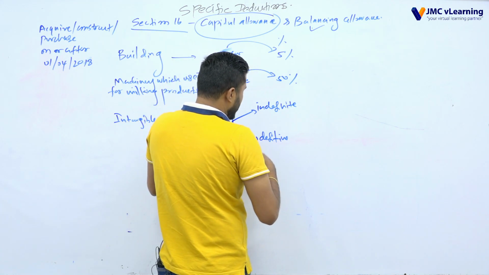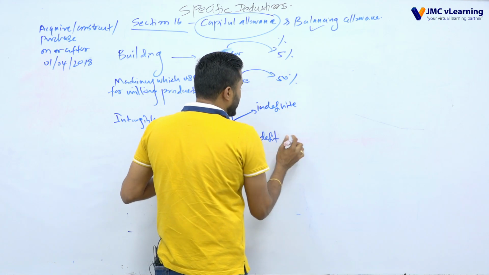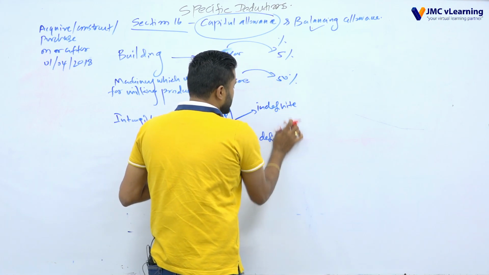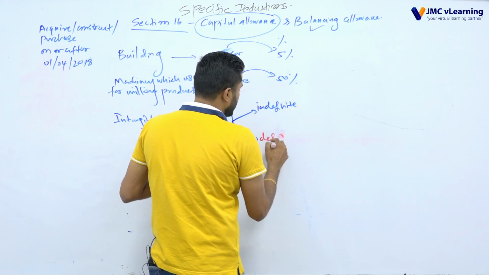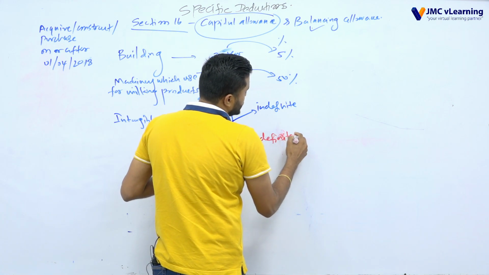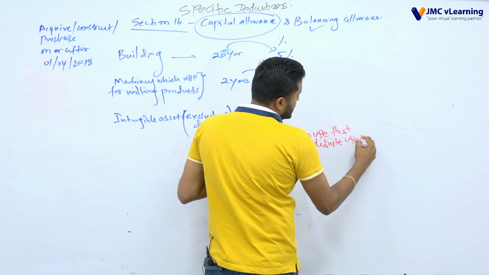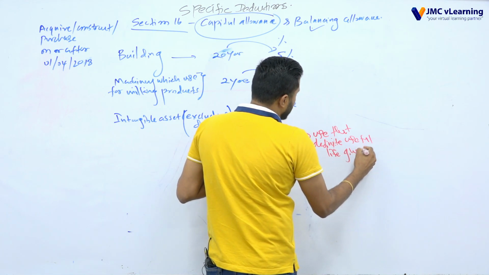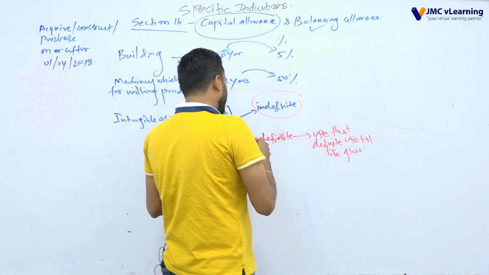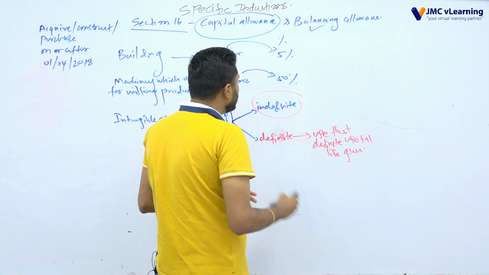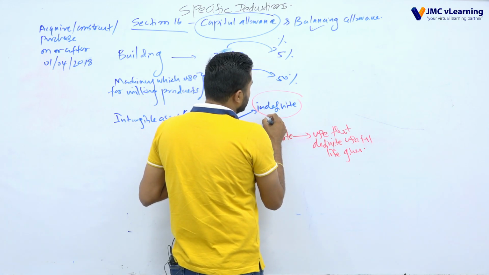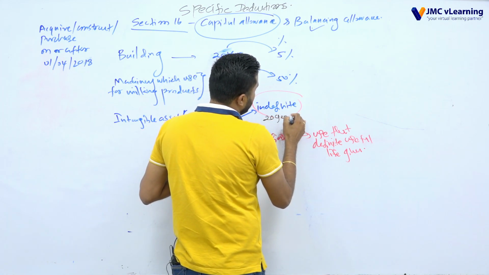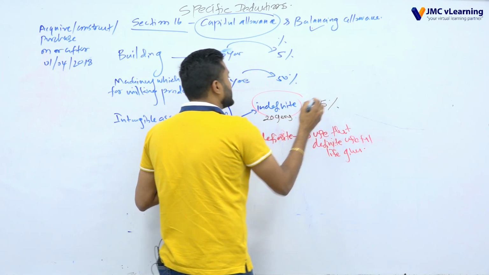So if it is definite, my dear student, use that useful life given. Otherwise, if it is indefinite, you cannot decide at that time, so please take it as 20 years, 5%.